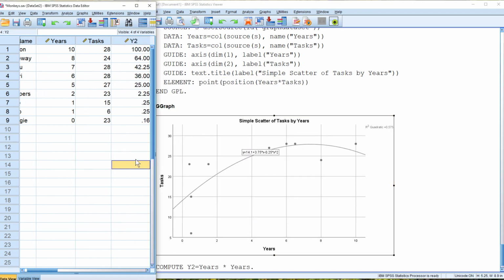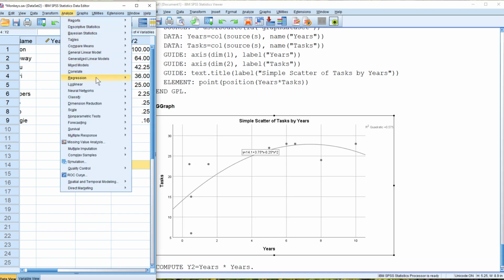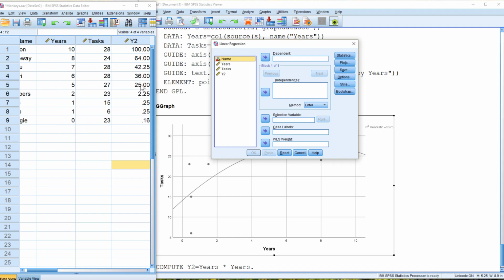Okay. And now we get our years squared. So if we run the regression equation from here, our dependent variable are the tasks performed, and the independent, we put both of them in, years and years squared.